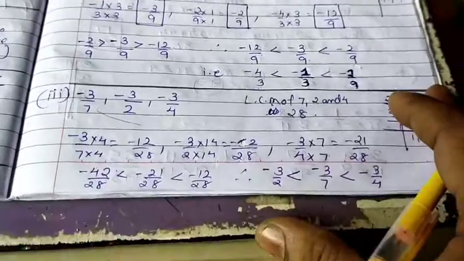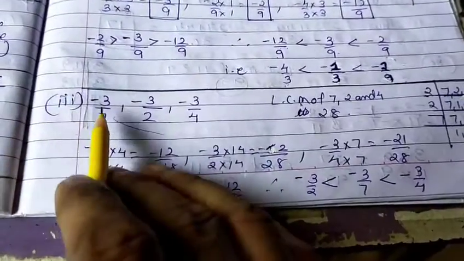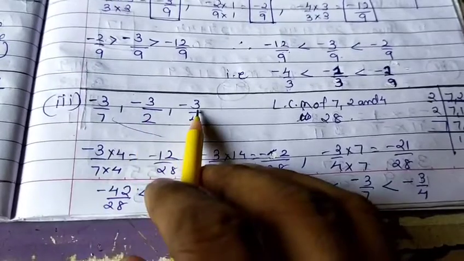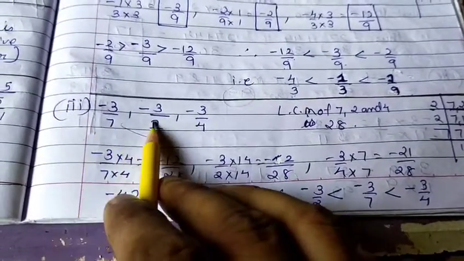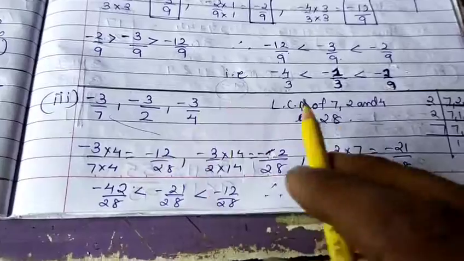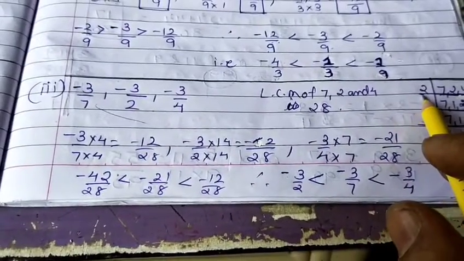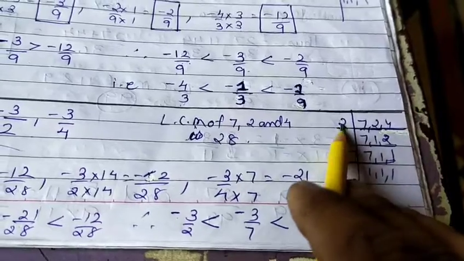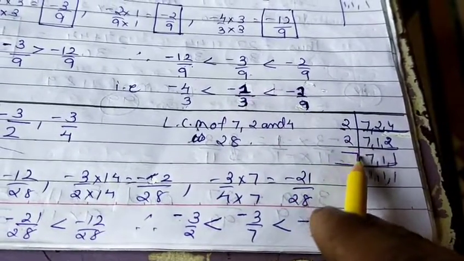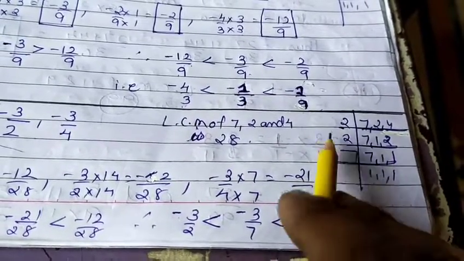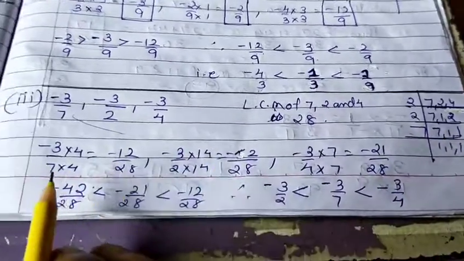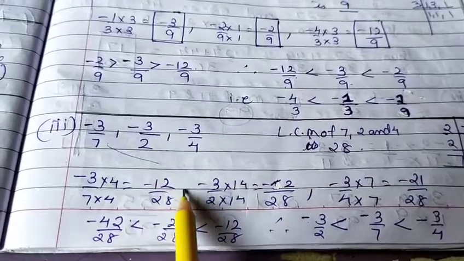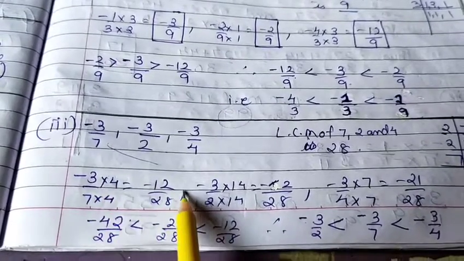Now let us see the next one, the third one, that is negative 3 by 7, negative 3 by 2 and negative 3 by 4. So all have the same sign. First equalize the denominator, that is, you have to find the LCM of 7, 2 and 4. It is 28. Now 7 should be multiplied by 4 to get 28, so negative 3 into 4 is negative 12.